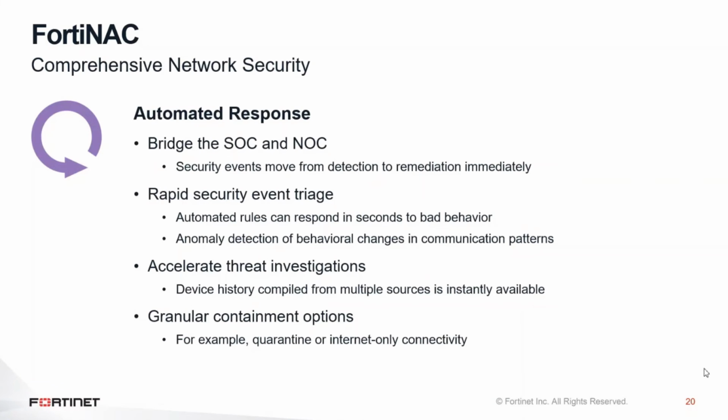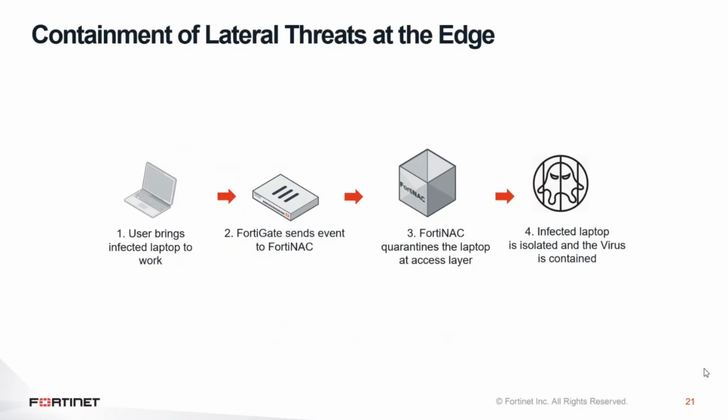Its ability to identify the threat and contain it at the point of connection within seconds helps to prevent the spread of potentially malicious software and puts an immediate end to the malicious behavior. So we'll talk about how Fortinet does this, the containment of lateral threats at the edge.